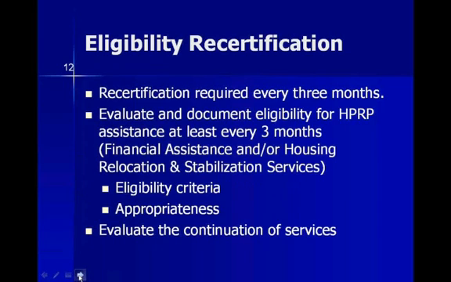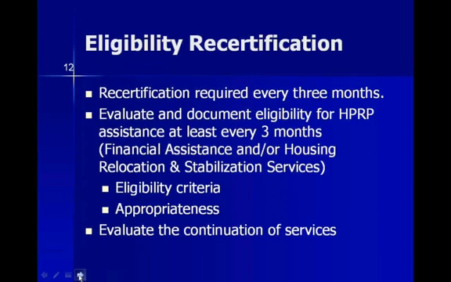So a little bit here about determining the recertification date, because we have had a couple of questions about exactly how to do that. The intent of the recertification rule is to ensure programs are fully evaluating households who are receiving ongoing financial assistance to ensure that the household remains eligible and needs continued assistance, particularly since eligibility is based on current income as opposed to past income or projected income.